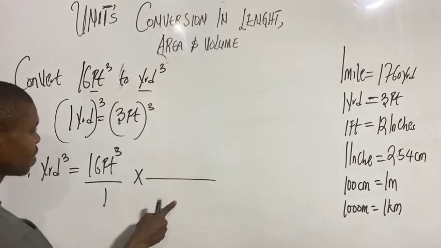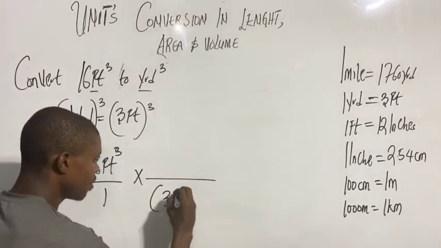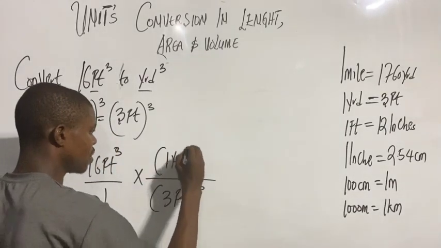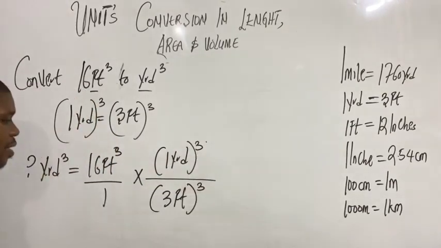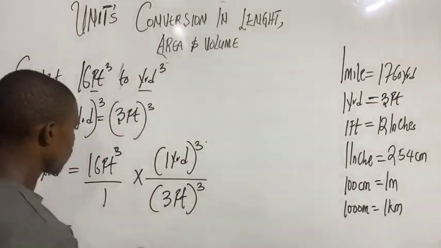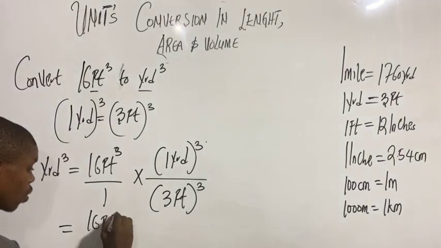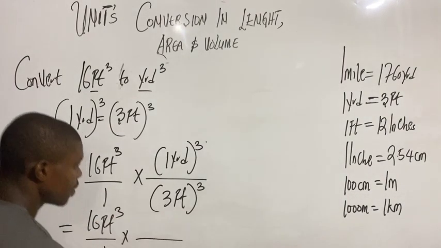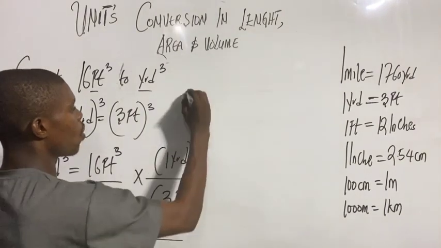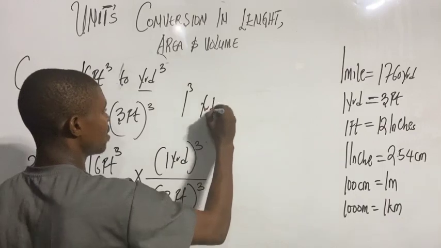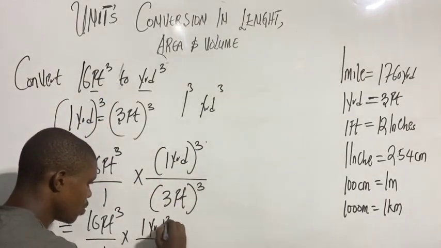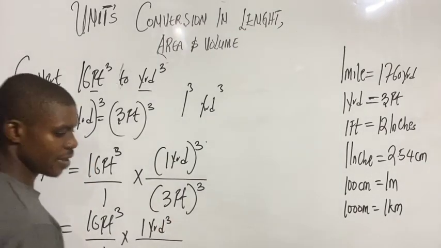So if this one should come down, here we have 3 feet to the cube. They have 1 yard to the cube. You understand? So what am I going to do here? So I'm going to say equal to 16 feet cube over 1 times. Now if I open this bracket here, we're going to have 1 raised to 3 and yard raised to 3, right? If I open the bracket, it's going to be 1 yard cube. Do you understand? The same thing here.